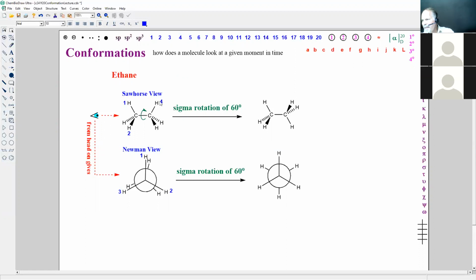4 is right behind 1. If my eye is here, then 1 is in front of 4, so 4 is almost hidden. In fact, if I drew this even more accurately, the 4 would be so far right behind the 1 that I wouldn't even see it. That's going to explain its conformation name being eclipsed.